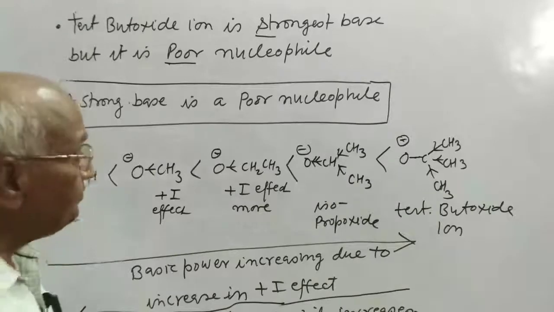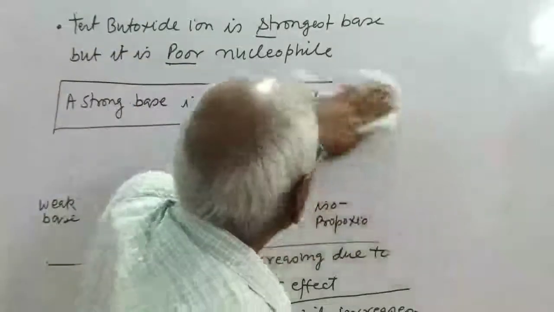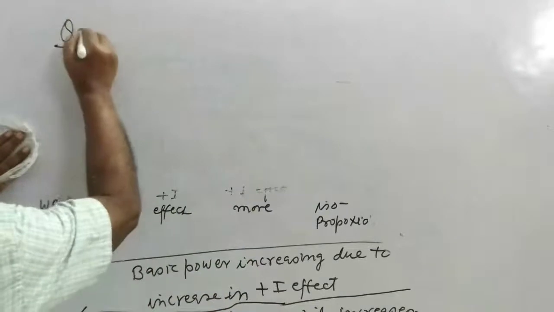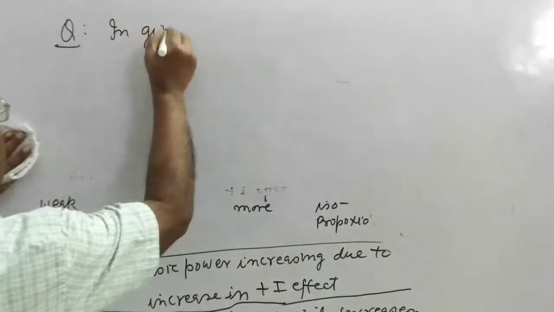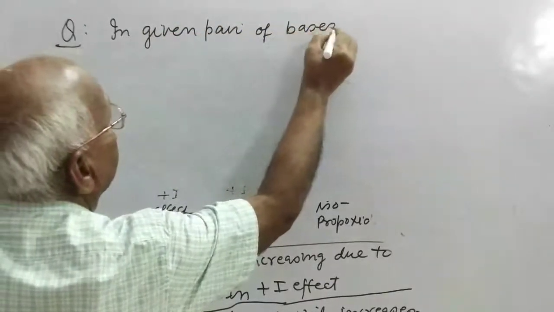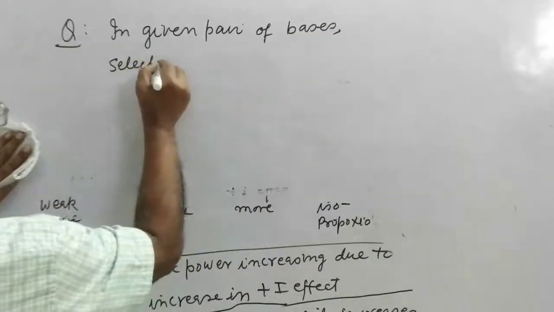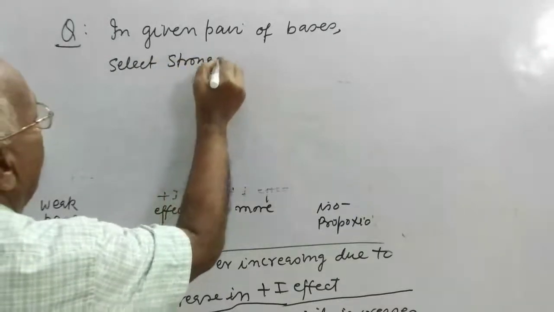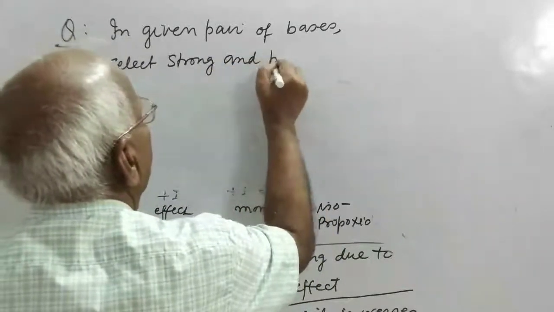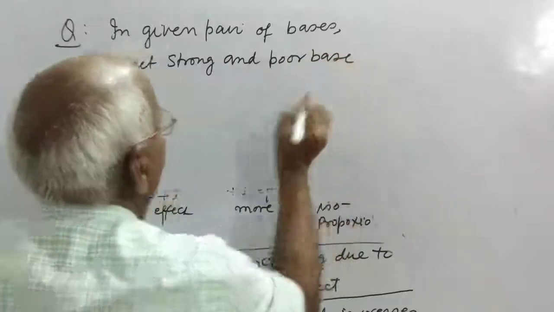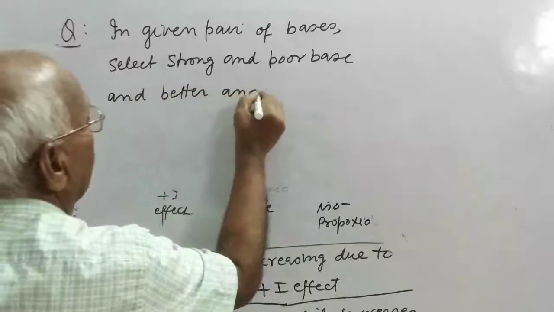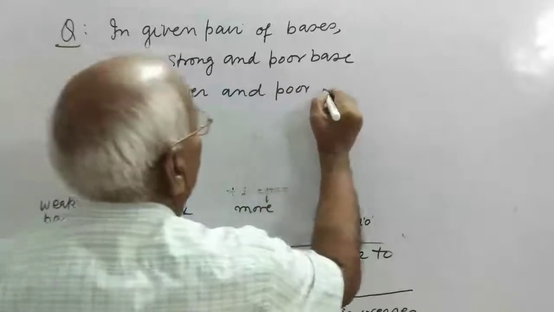In the form of a question. In given pairs of bases, select the strong and poor base, and the better and poor nucleophile.